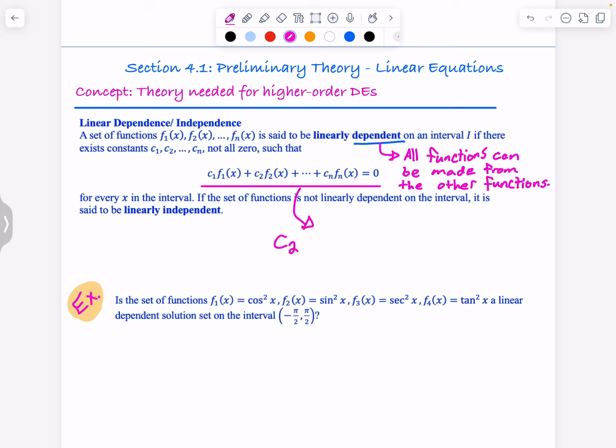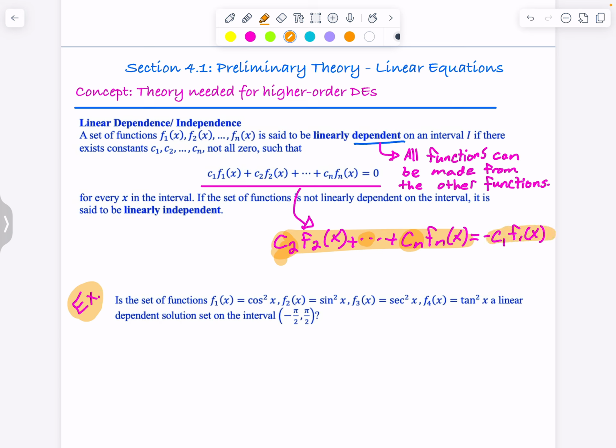If I move that c1 term over, and I still have this big sum, I'd get negative c1 f1 of x. That says I can pick the correct c's to make it work, so that when I multiply and add all the functions, I get the other one.